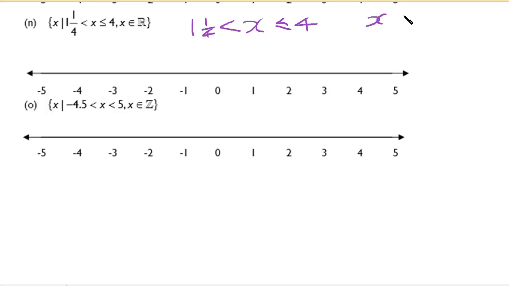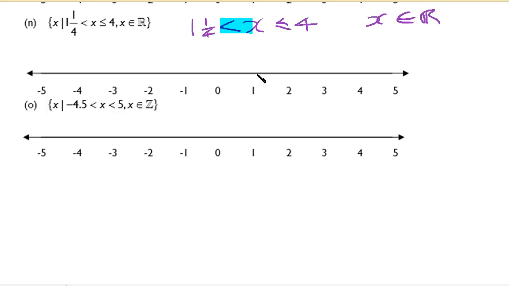that x is a member of all the real numbers, and we'd want to draw that as a number line. Now remember, when we have this inequality symbol, if there's no equals, then we just draw an empty circle to indicate that we don't want to use the value at that point.